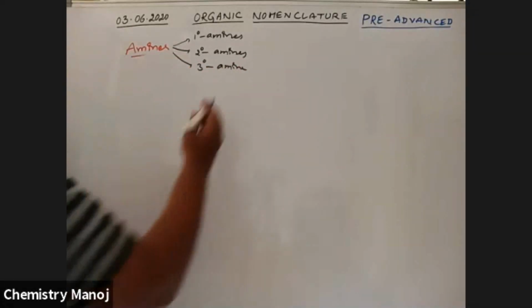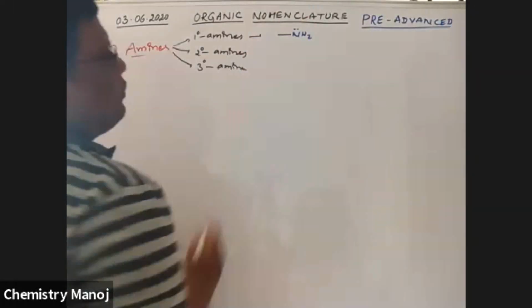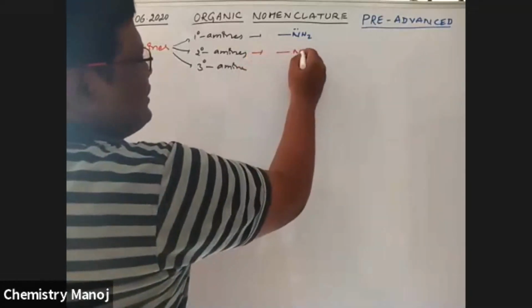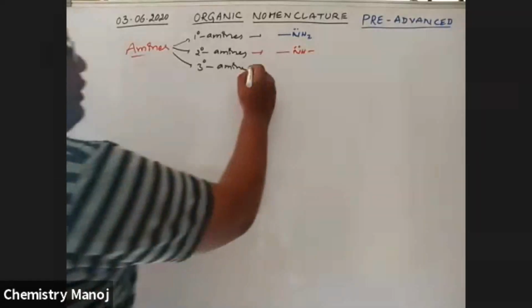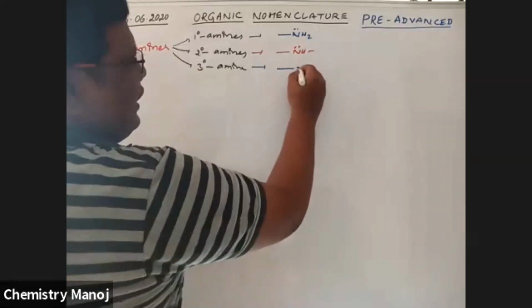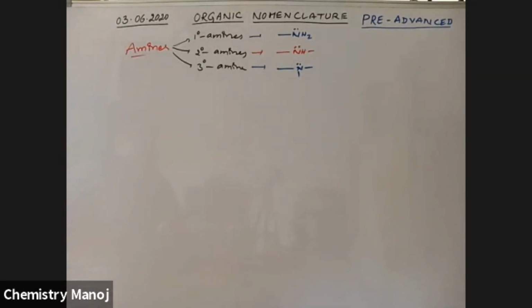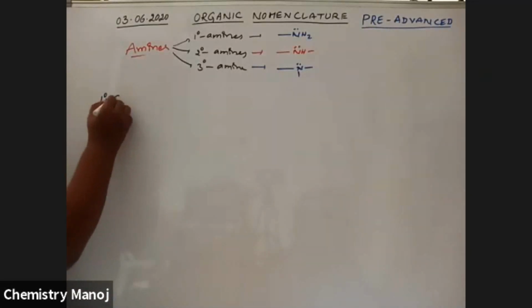In primary amines, the functional group is NH2. In secondary amines, the functional group is NH. In tertiary amines, the functional group is N only. These are the functional groups. Now I am going to write IUPAC and common names for these. So first of all, for primary amines.